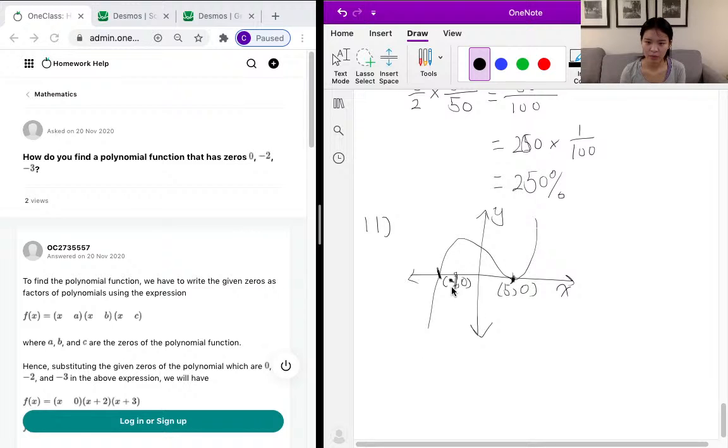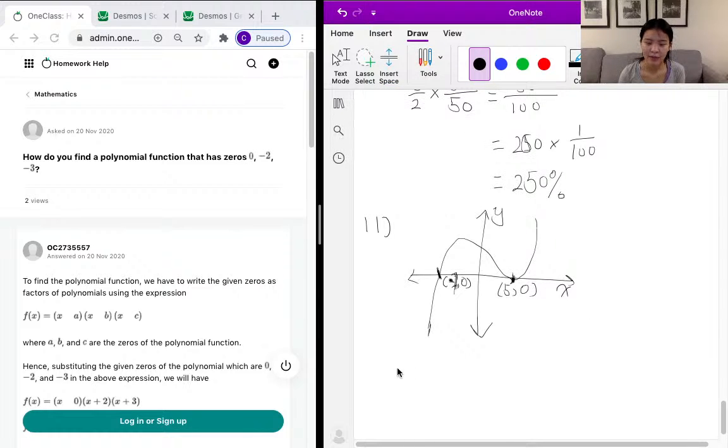So from here, we know that this function would be of the form x minus 5 times x. Or I guess, let me think about how to explain it.